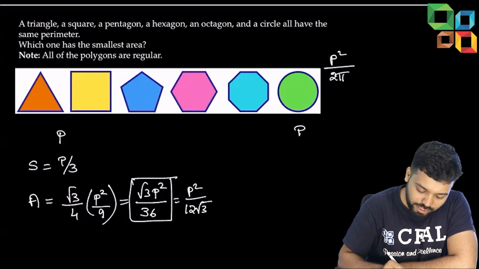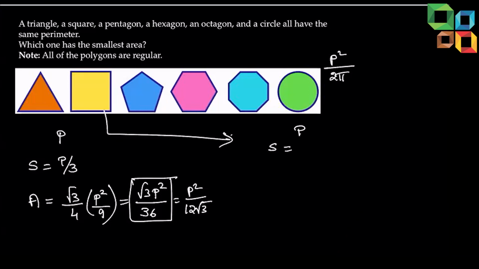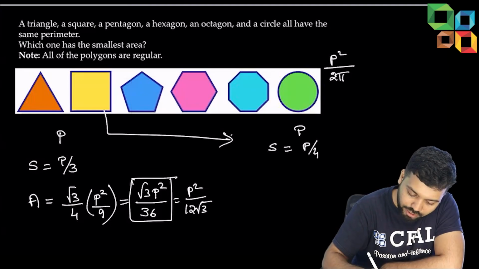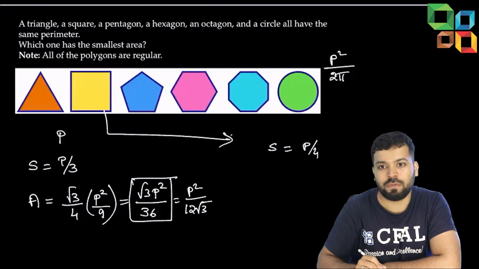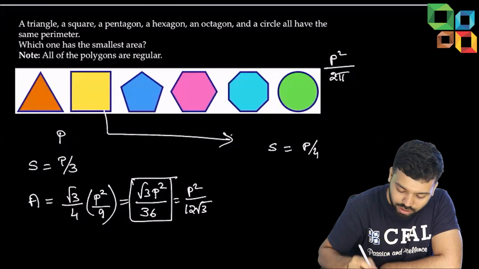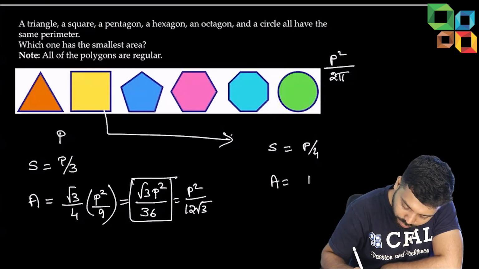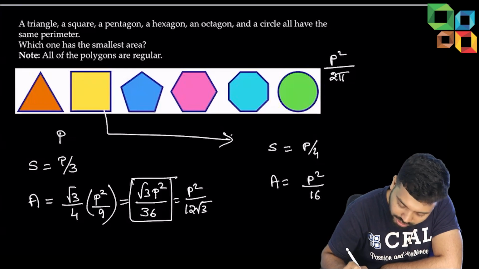For the square, side length will be P by 4, correct? For a square, side length will be P by 4 because the entire perimeter is P. So for the square, area will be P square by 16.